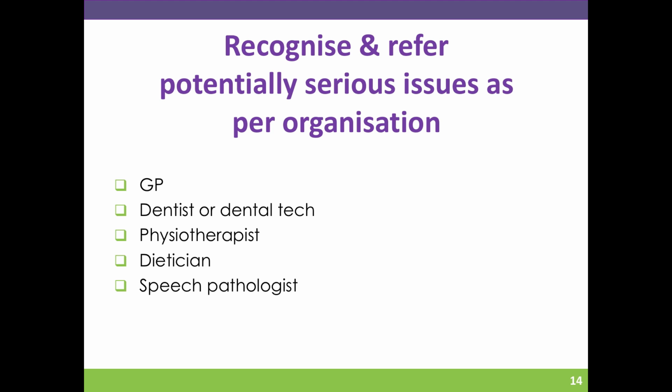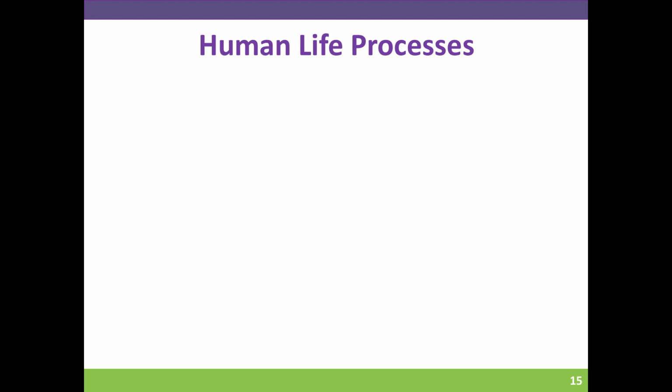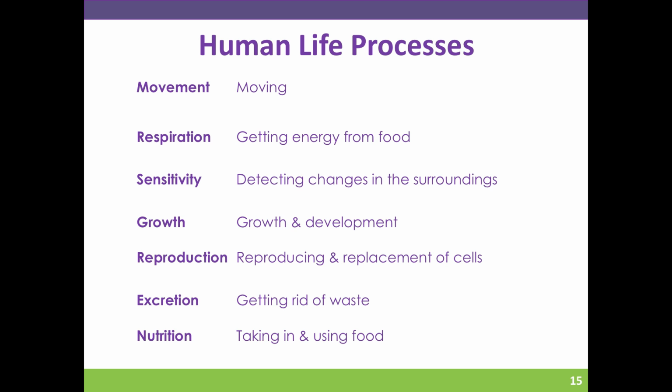Now I'm going to look at the human life processes. There are 7 human life processes that keep us alive and well. The first is movement, allowing a person to move from one area to another or move their arm, leg or head, etc. The second is respiration. This includes getting energy from the food that we eat. The third is sensitivity. This includes detecting changes within our surroundings and then our body acting accordingly.